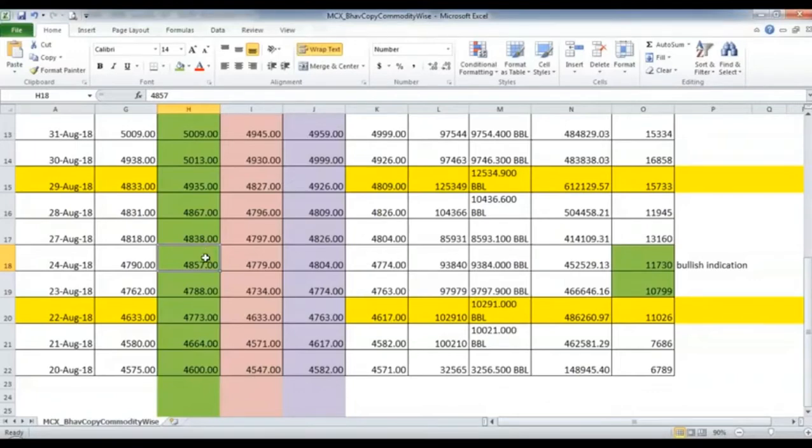To continue. Otherwise, it should come to 4788 because there's a support at the high, because this high was broken out, right? Now, if we look at it, did 4788 happen?